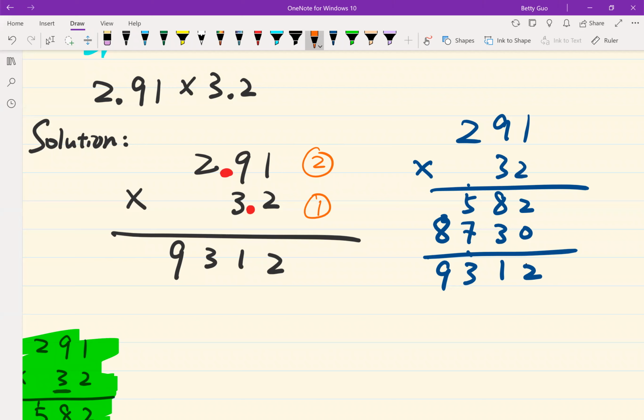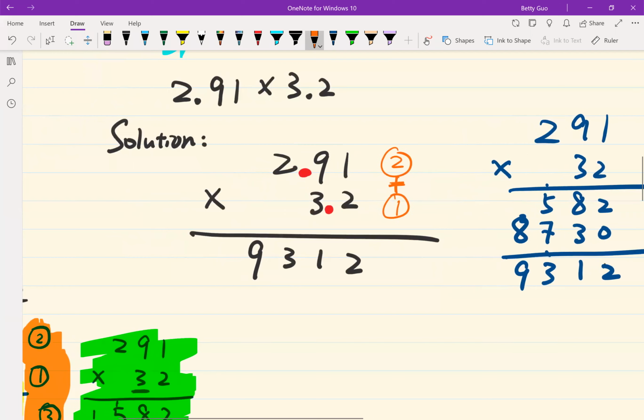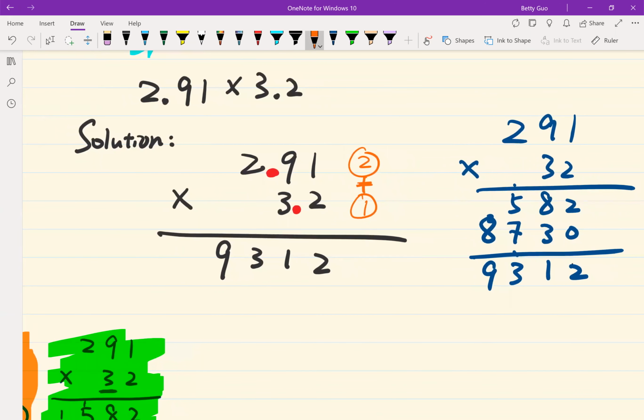And what is 2 plus 1? 3. So we are going to place the decimal point this way: 1, 2, 3.